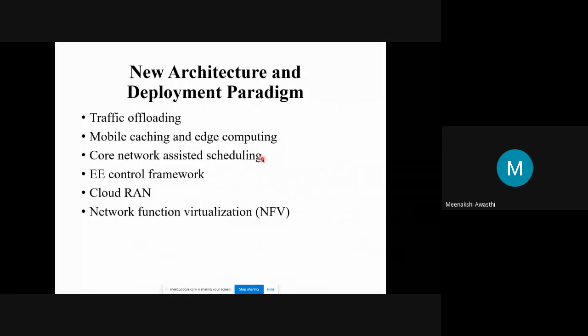Traffic offloading can be used to reduce the traffic from a specific RAN function or core network to improve the energy efficiency. Also, by employing mobile caching and edge computing, we can improve the energy efficiency. This will be covered here.